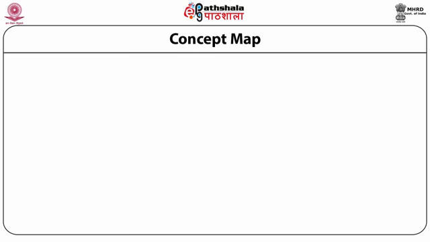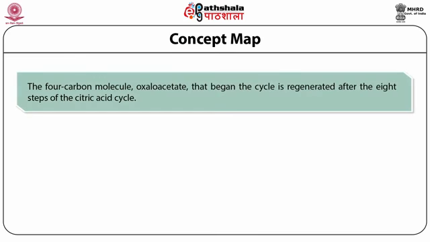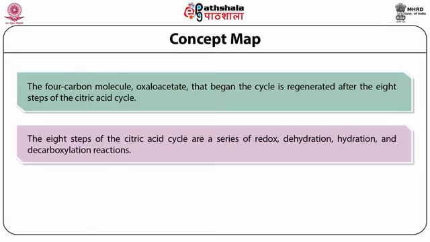If you see the concept map of stoichiometry of the tricarboxylic acid cycle, the 4-carbon molecule oxaloacetate that began the cycle is regenerated after the 8th step of the citric acid cycle. The 8 steps of the citric acid cycle are a series of redox, dehydration, hydration and decarboxylation reactions.